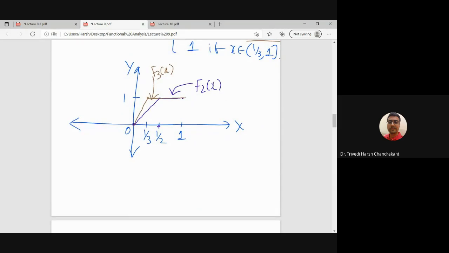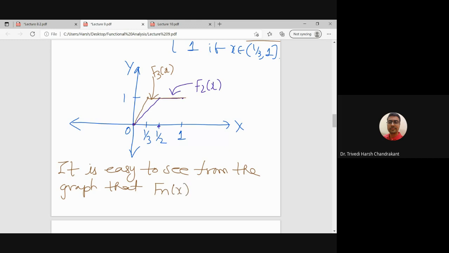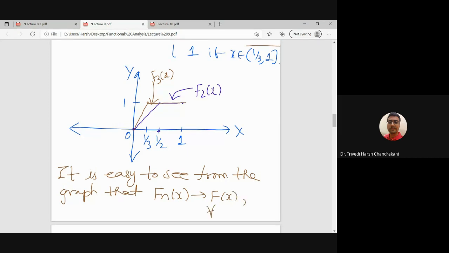Yeah, so it is easy to see from the graph that the function fn(x) approaches f(x) for every x in the closed interval 0 1.